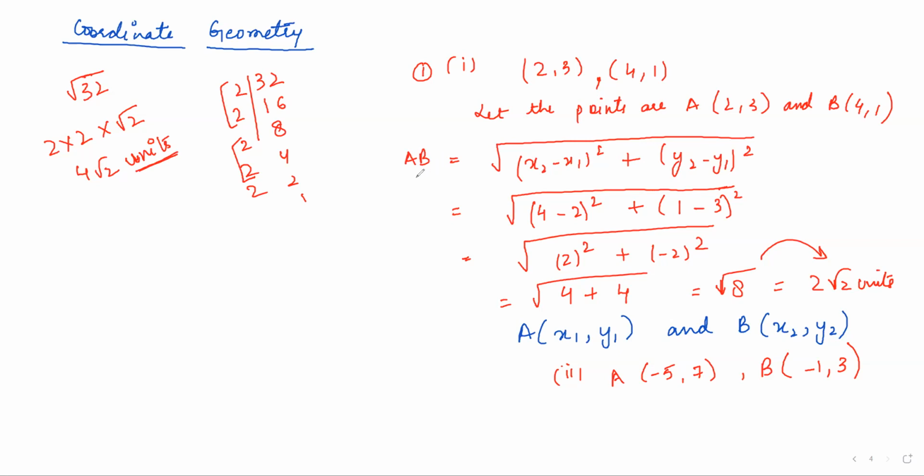Now there's an interesting thing here, Martin. Because you have (x2 minus x1) whole square, if you write it as (x1 minus x2) whole square, will it make any difference?